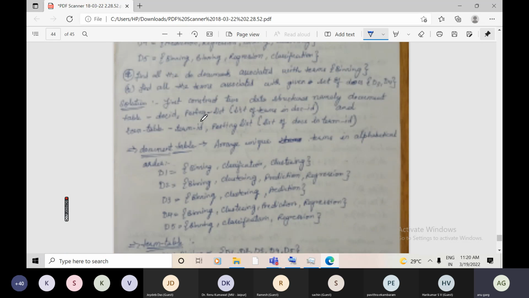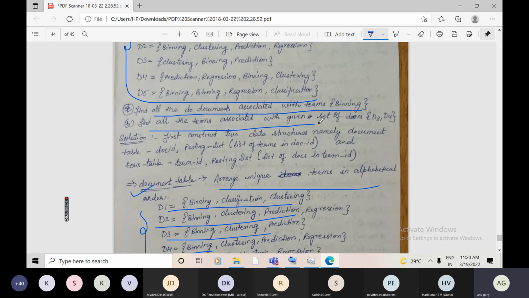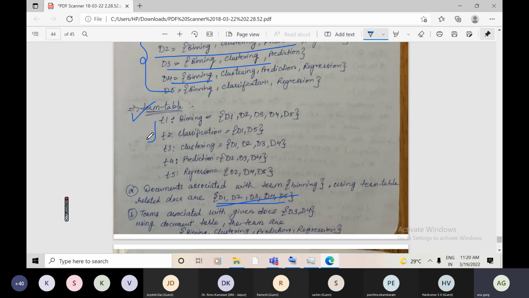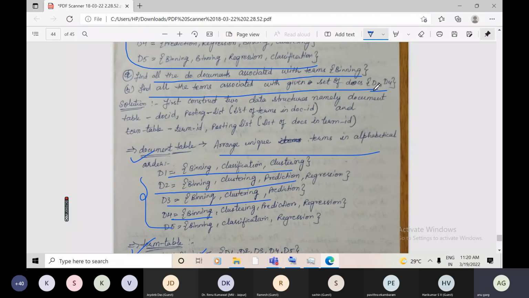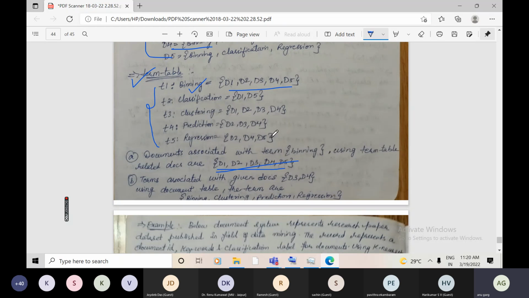The second part they have asked is to find all the terms associated with the given set of docs D3, D4. For this, they form a term table. That means for each term, which documents it is appearing in. Now, between D3 and D4, which terms are coming? Binning is coming in D3, D4, so binning.